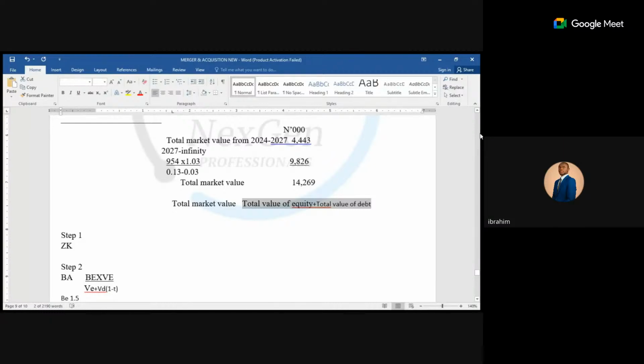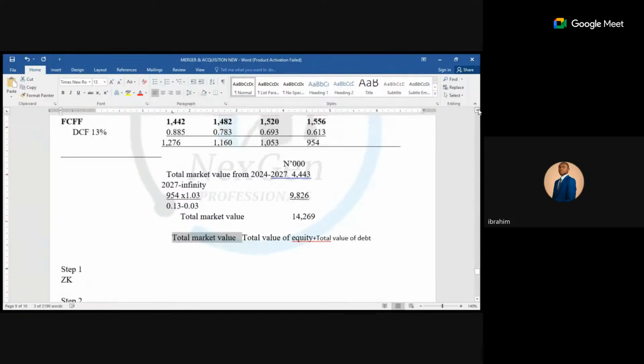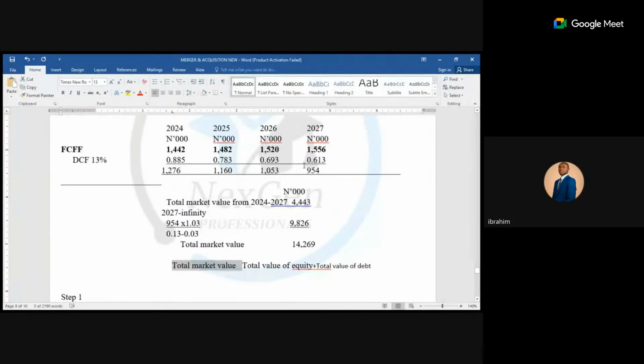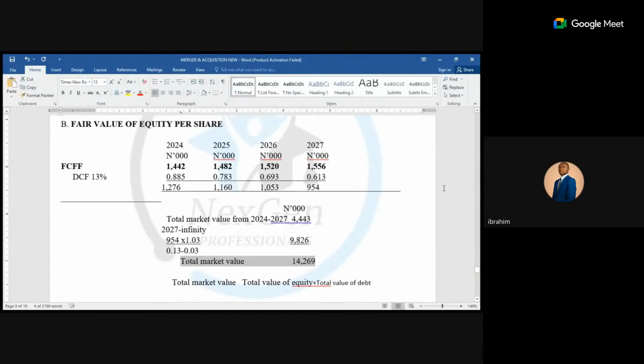Class, we give you the total market value of the company. You use WACC to discount. The total market value that you calculate here is the total market value of the company, which includes equity and debt.